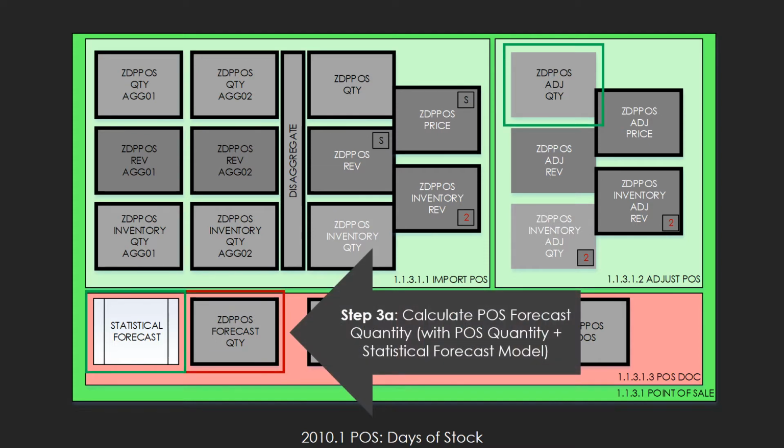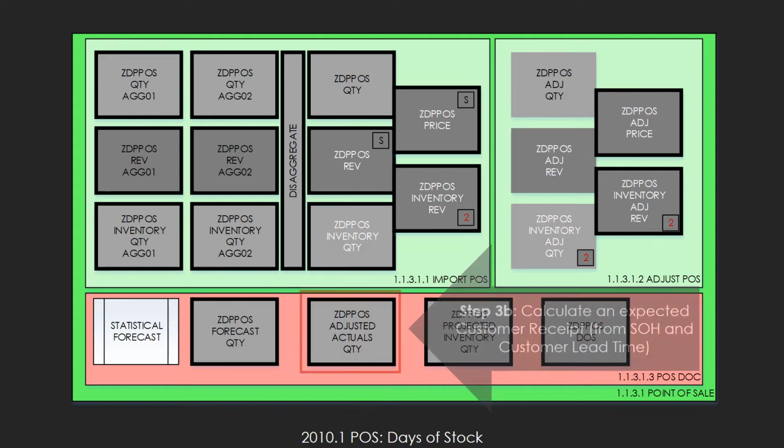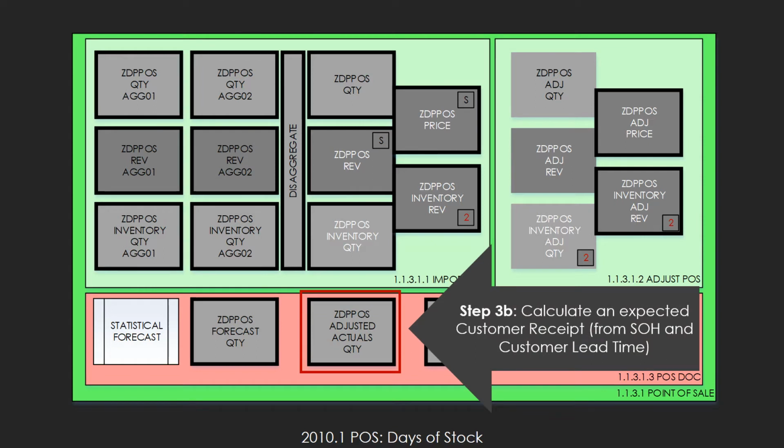Step 3A, we calculate a point of sale forecast quantity with the point of sale quantity plus the statistical forecast model. Step 3B, we calculate an expected customer receipt from sales order history and customer lead time.